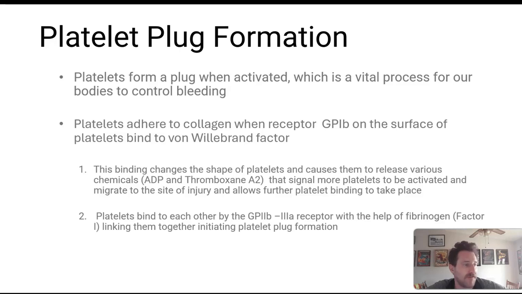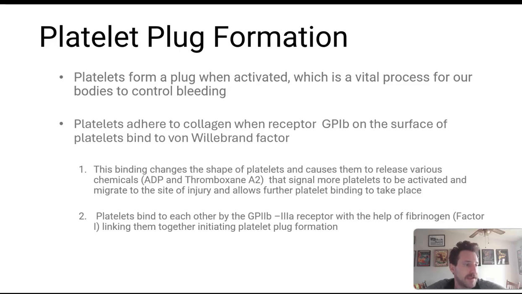When the von Willebrand factor is released, it causes platelets to move toward it. As the platelets move closer, they will bind von Willebrand factor, and this binding occurs via their glycoprotein 1b receptor on the platelet. Once this binding occurs, it activates the bound platelets to start secreting chemicals, including ADP and thromboxane A2.